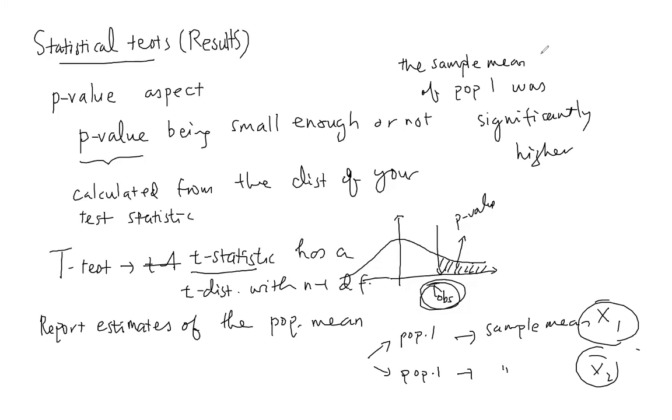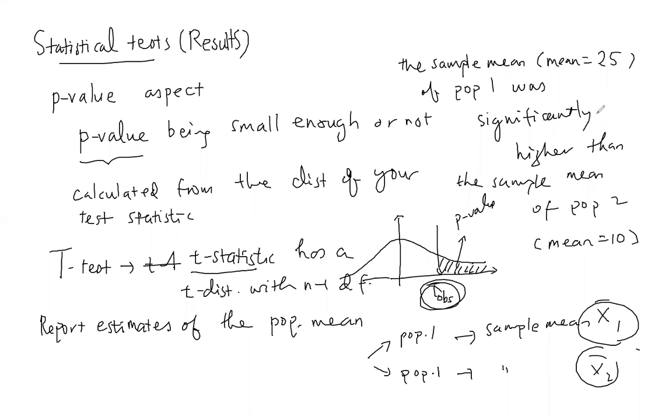Here you put a bracket and include, maybe, mean equals 25, for example, was significantly higher than the sample mean of population 2. This one you report, let's say, is 10. Over here, for significantly higher, you put a bracket and write p-value equals 0.001, for example.